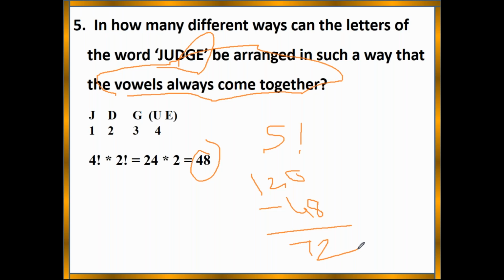There is no specific method for problems on vowels never coming together. First find the total number of words using the given letters, minus the number of words where vowels always come together, and that gives the vowels never coming together.